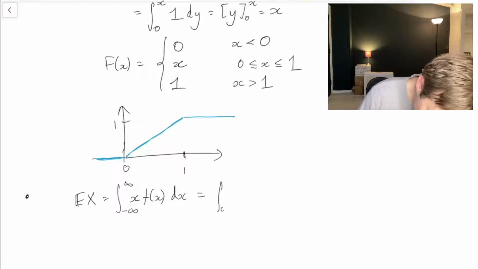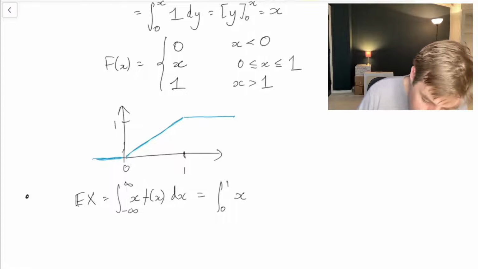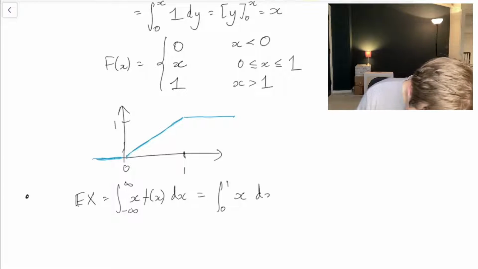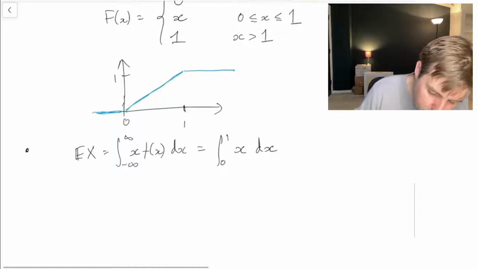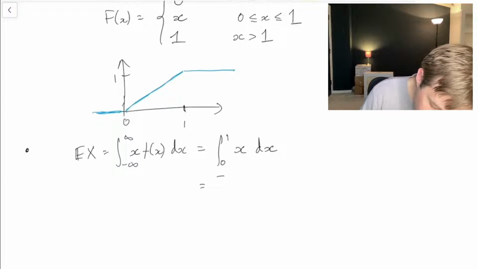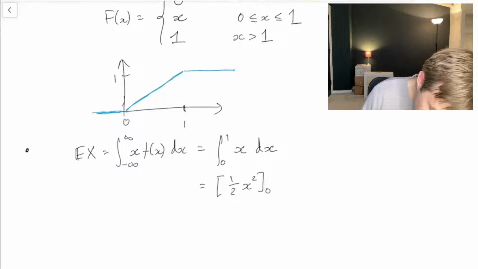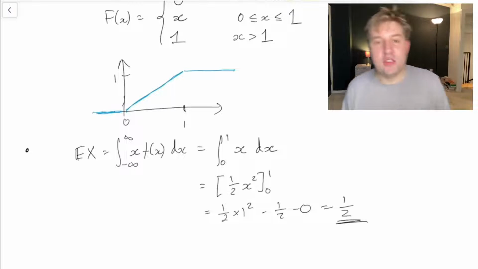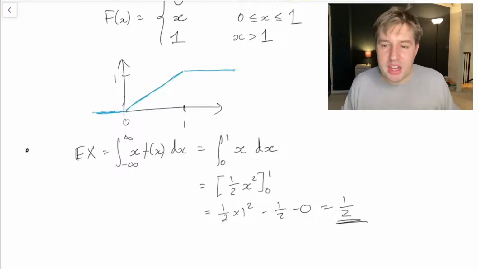So it's only between 0 and 1 we need to worry about for this random variable. The PDF is just 1 here, so there's nothing to write. That's the integral between 0 and 1 of x dx. You integrate that: half x squared between 0 and 1. That's a half times 1 squared, minus a half times 0 squared, equals a half. So the expected value is dead in the middle of that interval, as perhaps you expected.